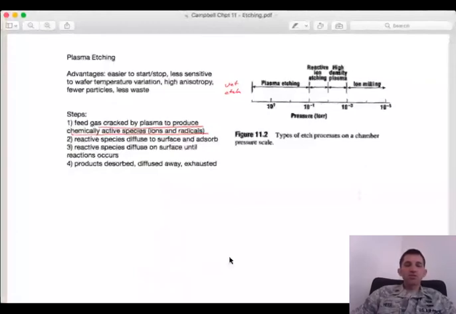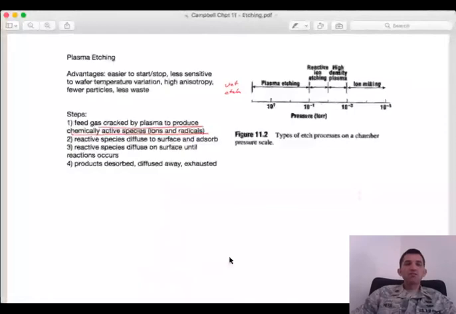It is also less sensitive to wafer temperature. So I didn't mention this, but with the chemical etch, you want to have a uniform etching across the surface. But remember, every time we've talked about chemistry, we've said many of them are Arrhenius processes, which are exponentially dependent upon temperature.